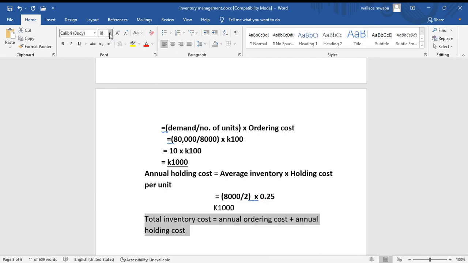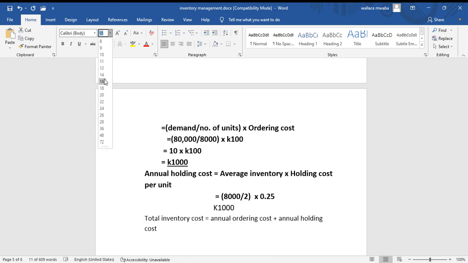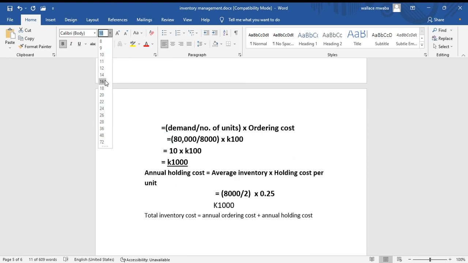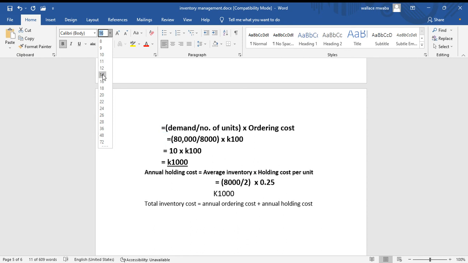Let me make this smaller, these wordings are too big. So that's going to be 1,000 plus 1,000.